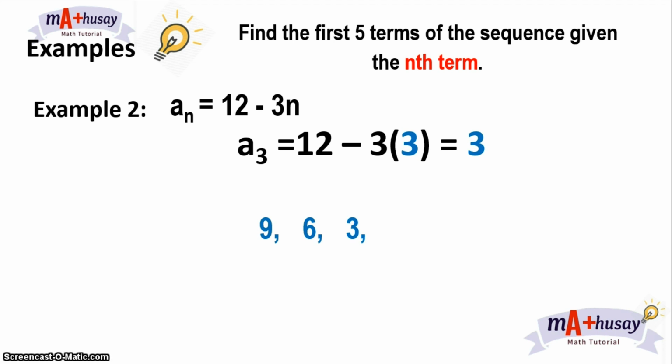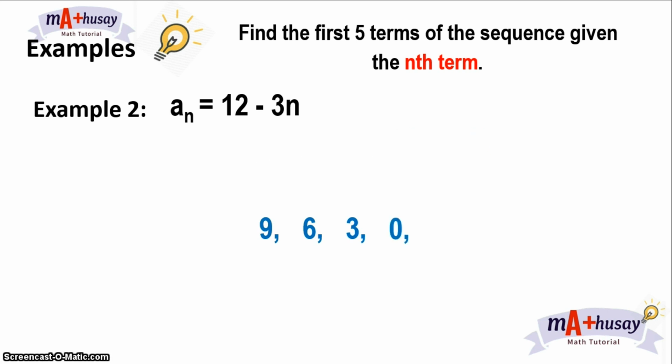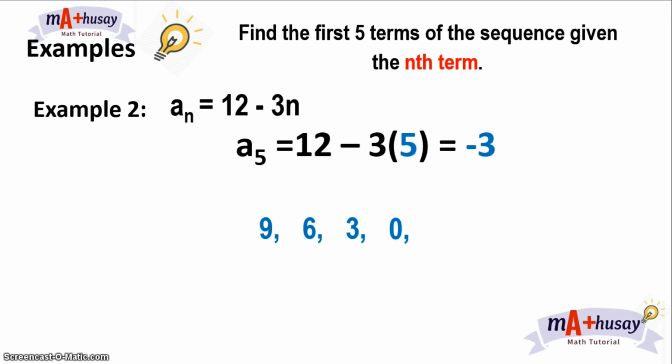So to get the fourth term, a sub 4 is equal to 12 minus 3 times 4 equals 0. So the fourth term is 0. And lastly, if n is 5, 12 minus 3 times 5, that's 15. So 12 minus 15, you get negative 3. So there you go.